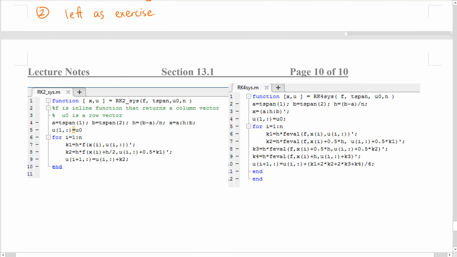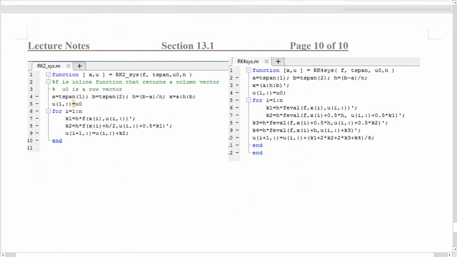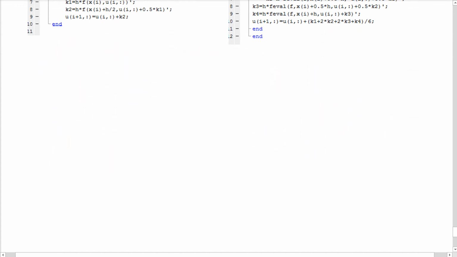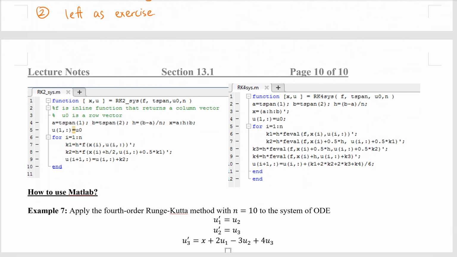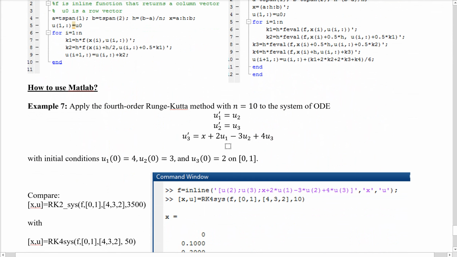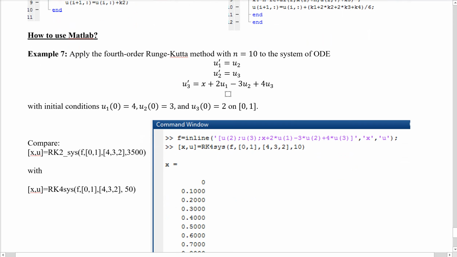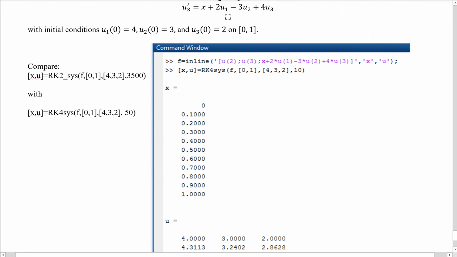Okay, so this is RK2, this is RK4, right? So we can use RK4 to check our work. Okay, so continue with the same example. We can compare RK2. We have the RK2 system. RK4, we just type RK4, and let's compare.